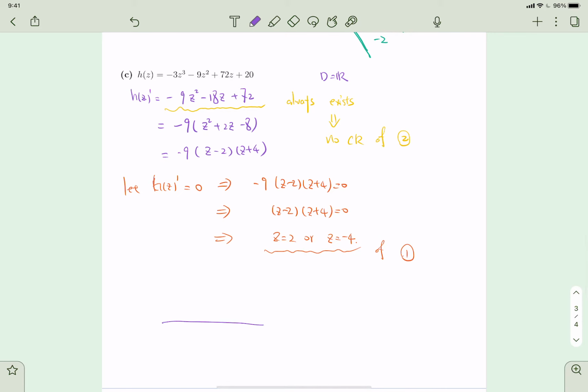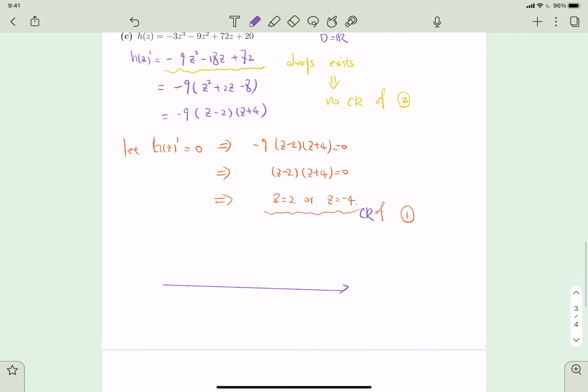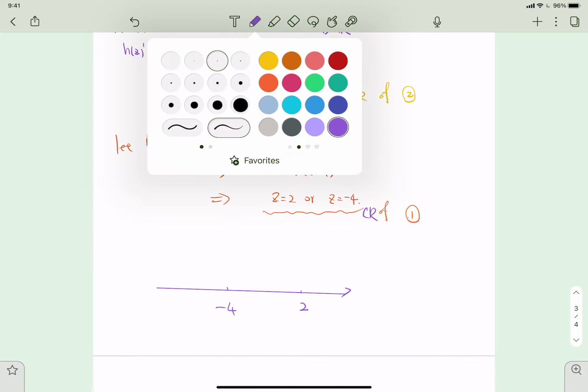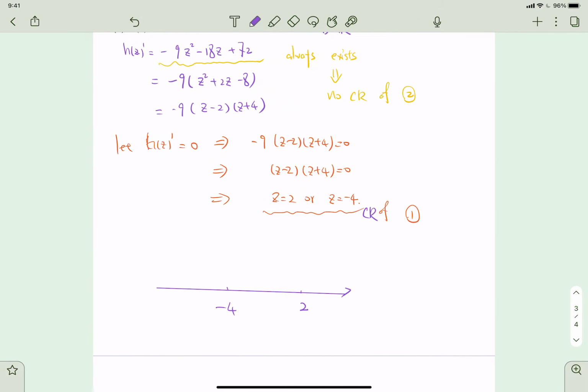And now we draw our number line. Let's place the critical numbers here, -4 and 2. And then we're gonna test out the derivative. Maybe test out this, right? This is less than 0.